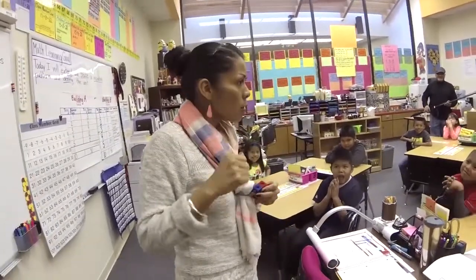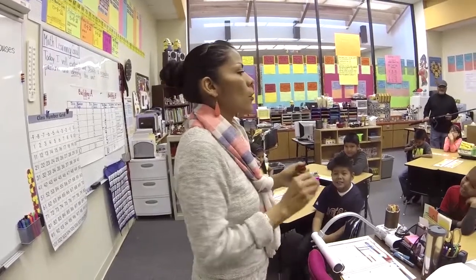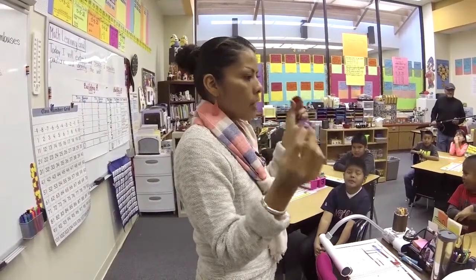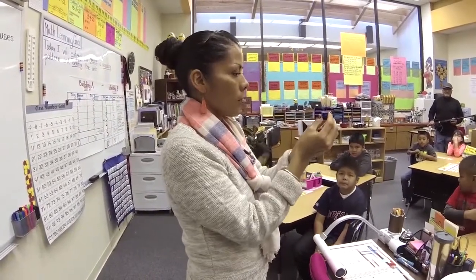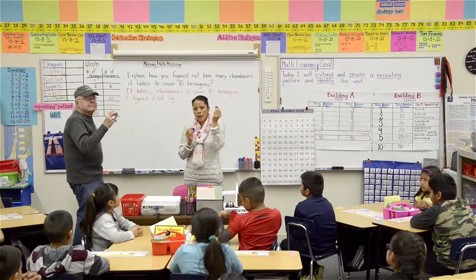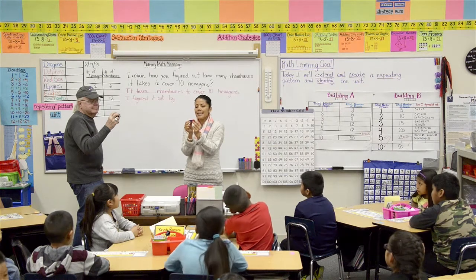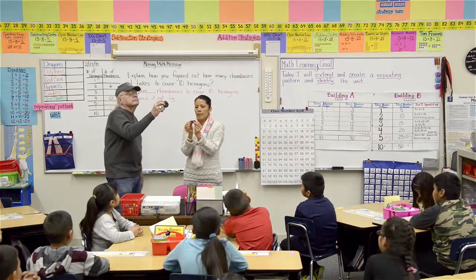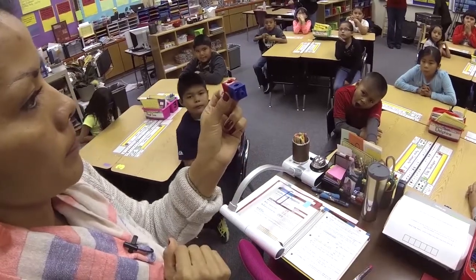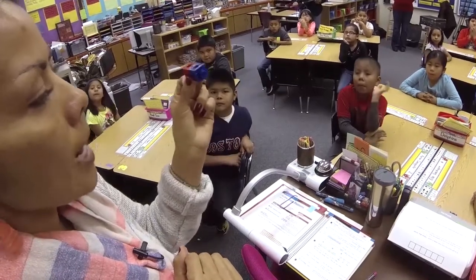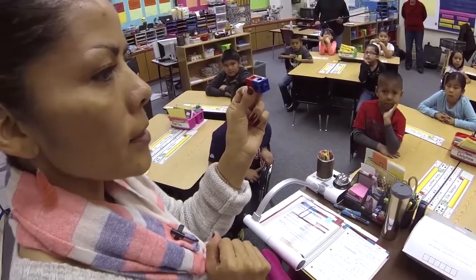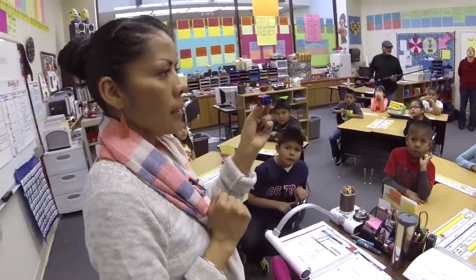Going choo-choo? No. We're going to create a train using our Unifix cubes, okay? So first, I'm going to get a red. Then I'm going to connect it with a, what? Blue. So if this is how I'm going to start my pattern, what do you think comes next? Red. How do you know?